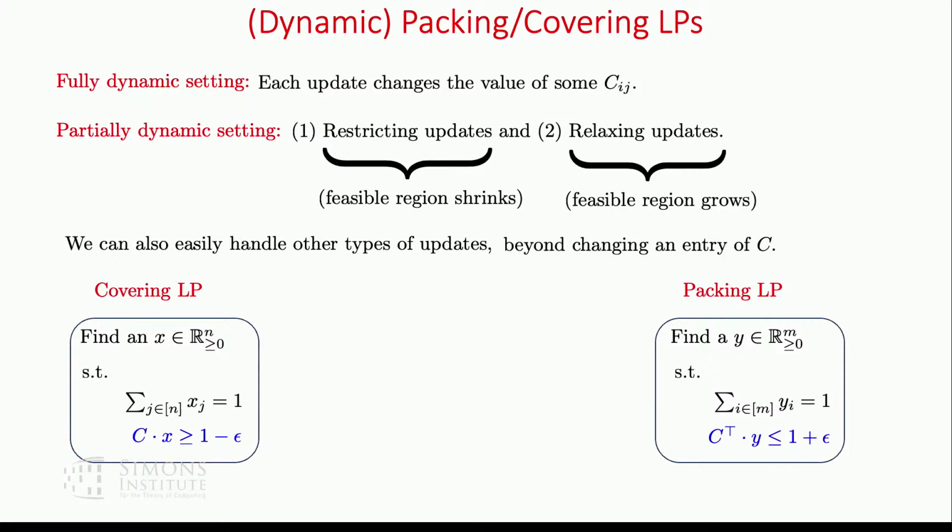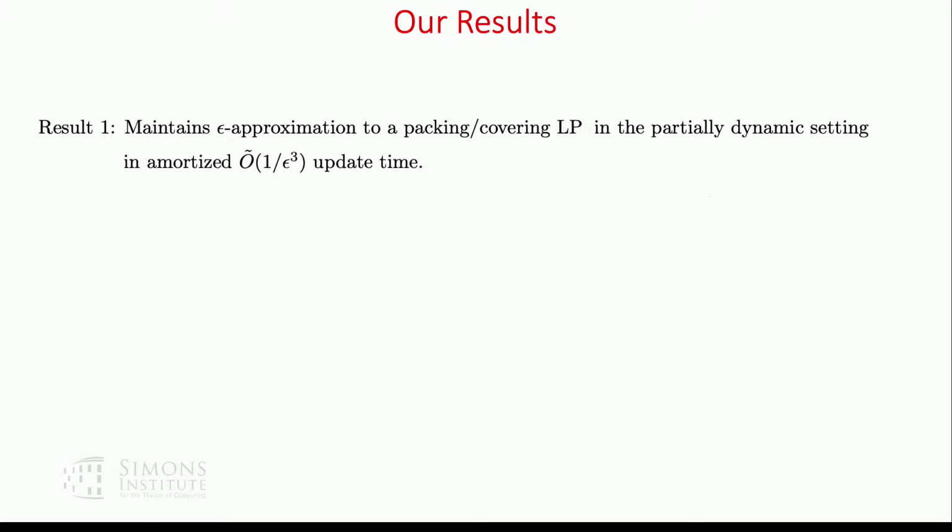So with this setup, what are our results? Our first main result is that we can maintain epsilon approximations to packing covering LP in partially dynamic setting in amortized polylog update time. We obtain this using multiplicative weight updates.